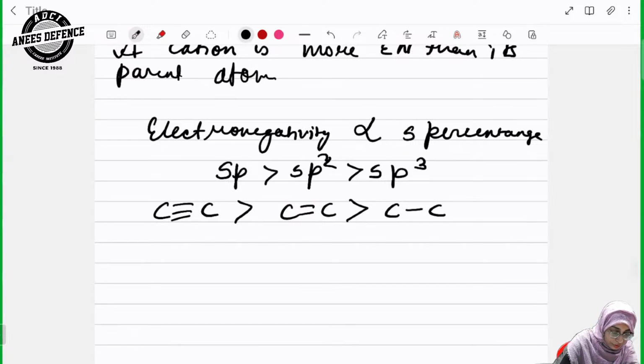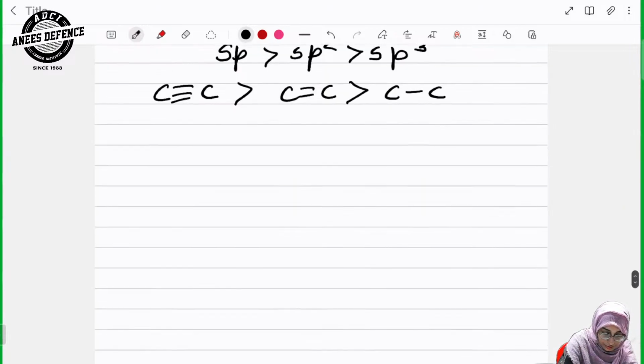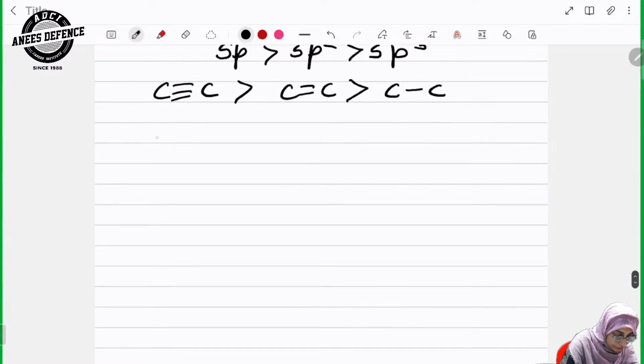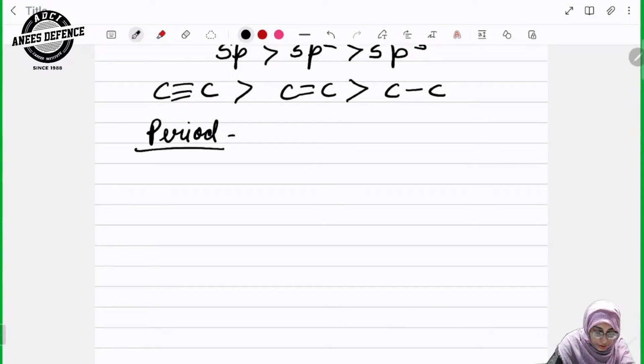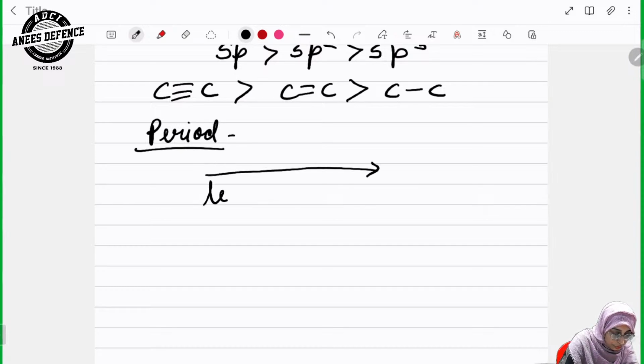Now we'll see its variation in a period. In a period, moving from left to right, electronegativity increases. Why? Because the effective nuclear charge increases.